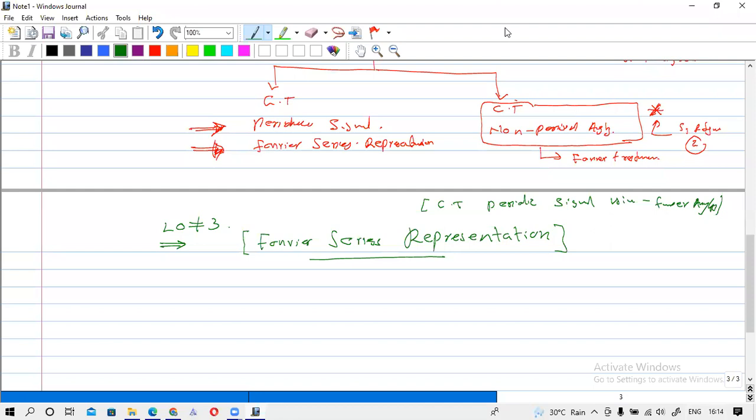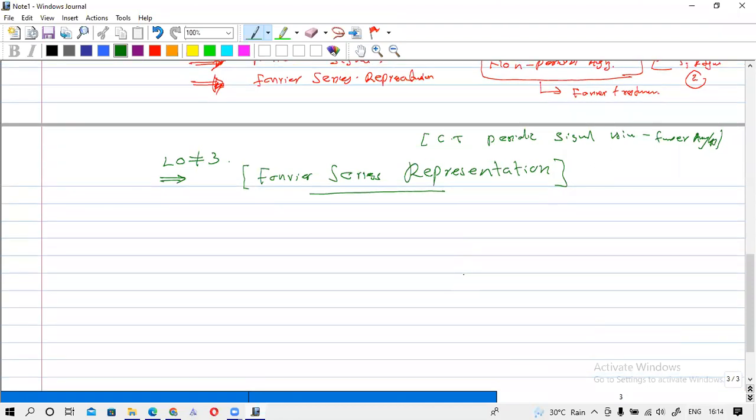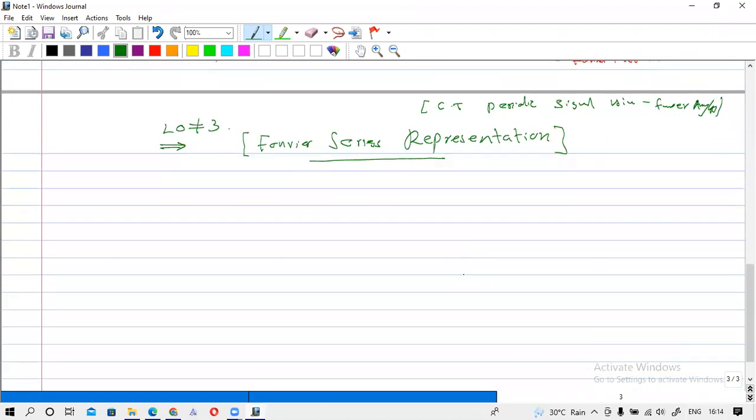I hope you have not. So we will move forward. Our topic is Fourier series representation. I hope now you have an idea about this. So how to start?